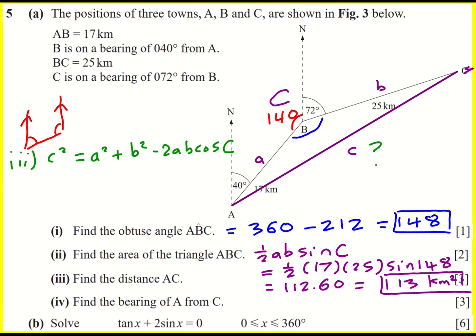So for us, we've got AC squared will equal 17 squared plus 25 squared minus 2 times 17 times 25 times cos 148.